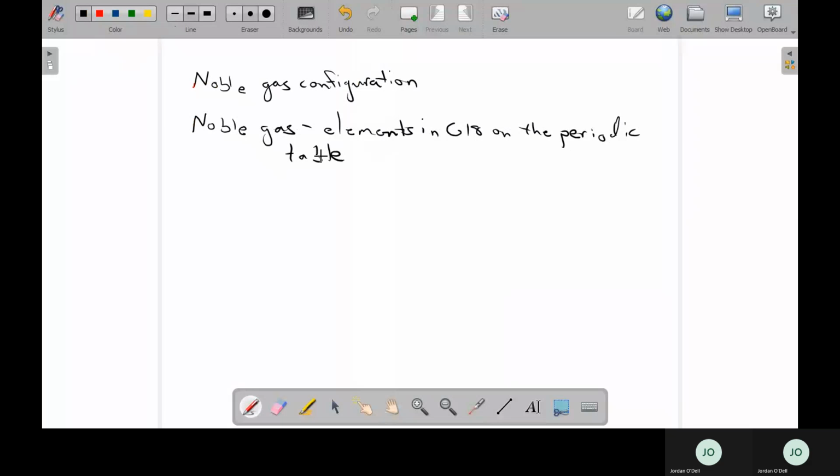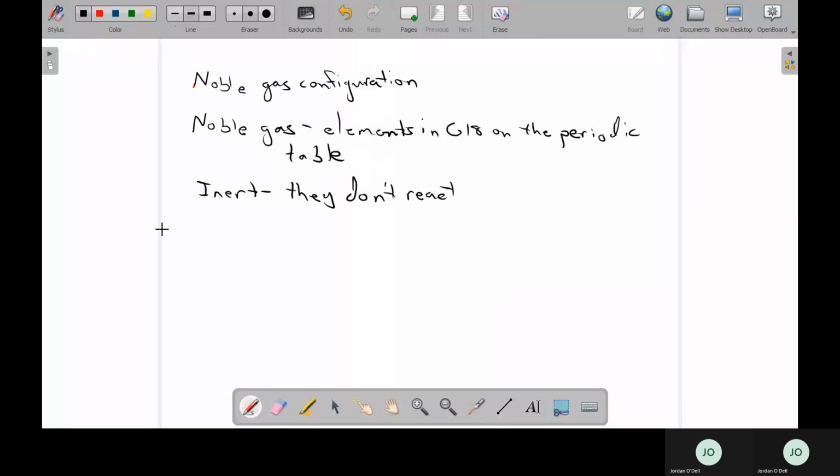They are called noble gases because they are inert, meaning they don't react or don't like reacting. It's highly unlikely. So that being said, we need to understand why they don't react.